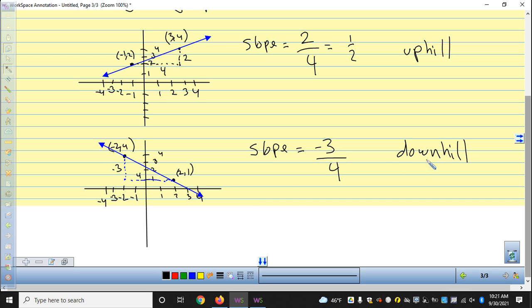Here we're going downhill. The slope is negative. The balloon is losing hot air, so it's sinking. Positive slope means we go uphill. Negative slope means we go downhill. We good with using a graph?